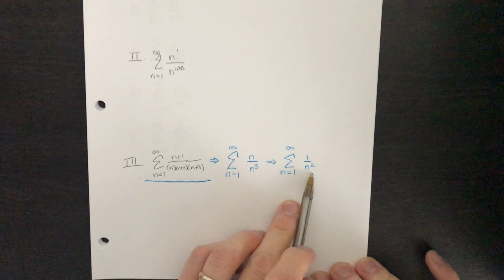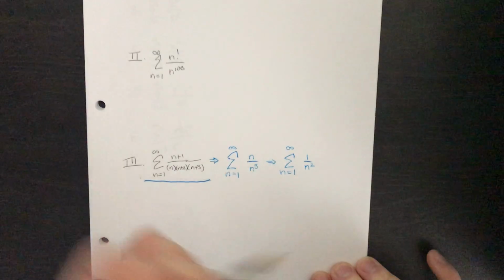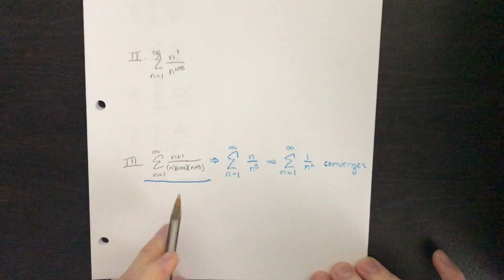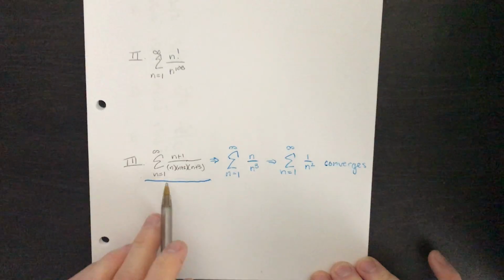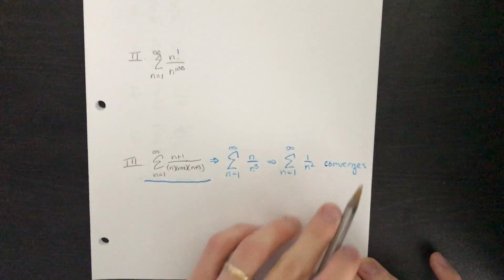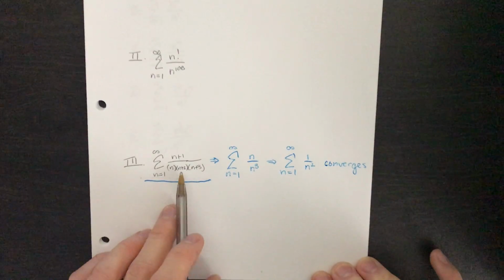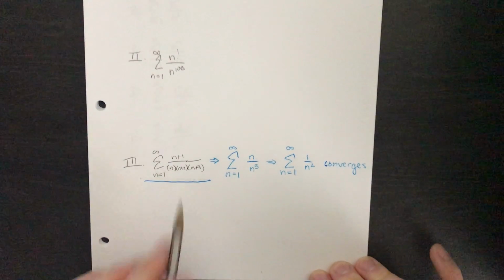The reason I want to compare to this is because this is a p-series that I know converges. So I'm going to do the ratio test to show you why I would prefer to do a comparison here. But that's just something to recognize, that the ratio test is probably not your best bet here.